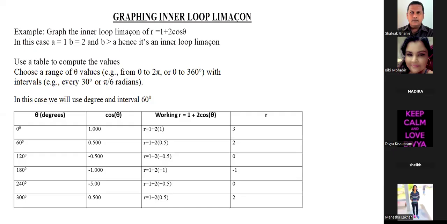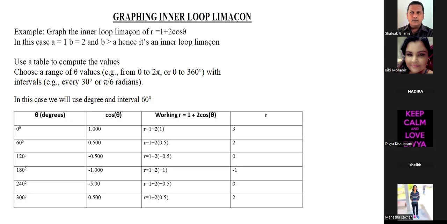Before we graph the limaçon, we have to compute a table of values. You can choose values from 0 to 2π radians, or you can use 0 degrees to 360 degrees.